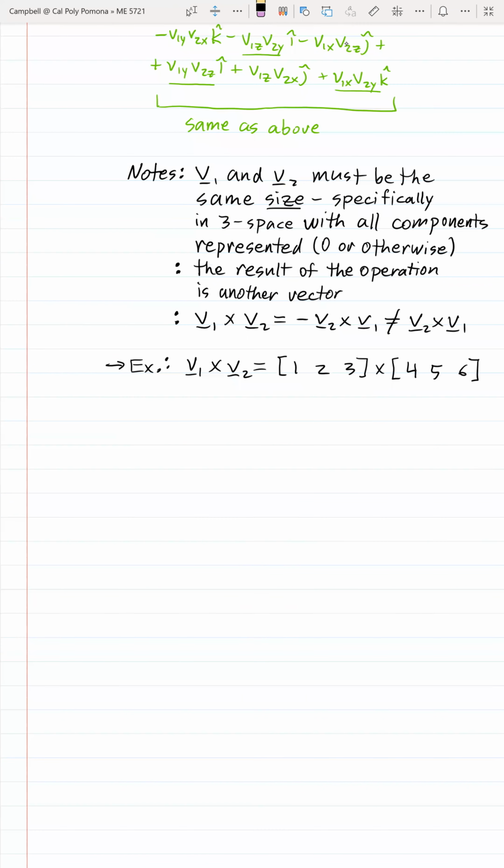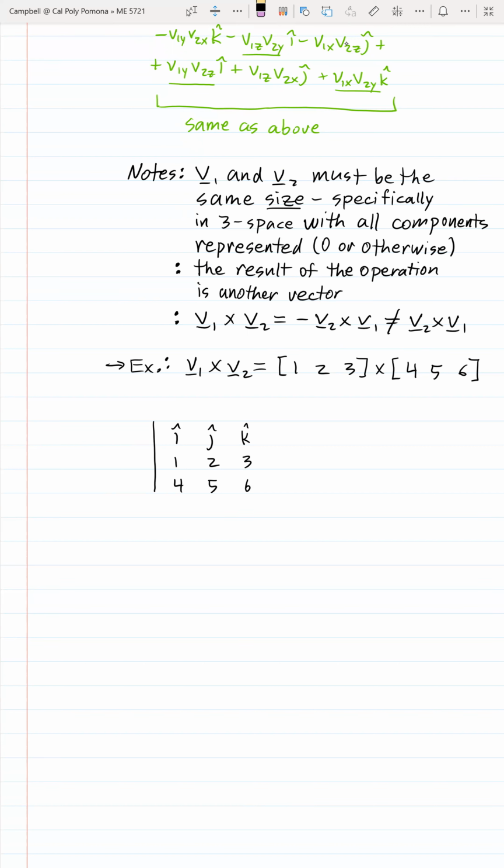So when we look at the cross product itself, another way that we can, and I know we haven't introduced it yet, but another way that we can look at the cross product is as the determinant of a particular matrix.